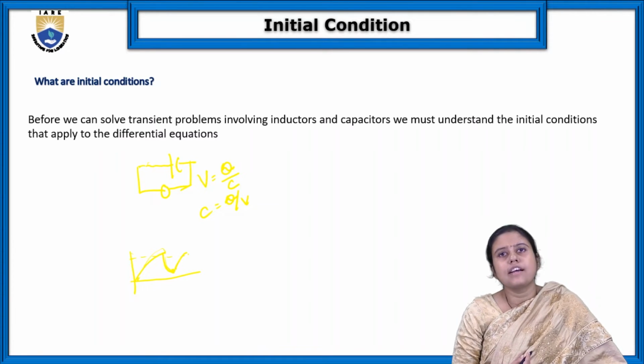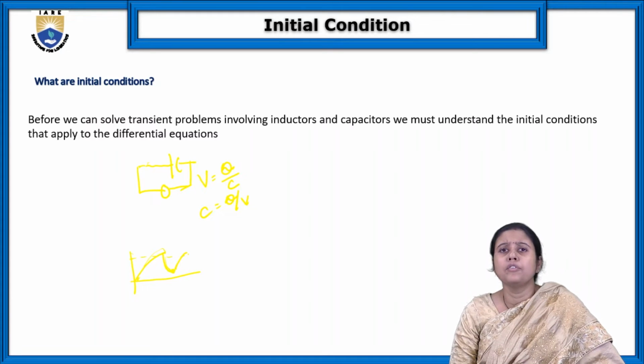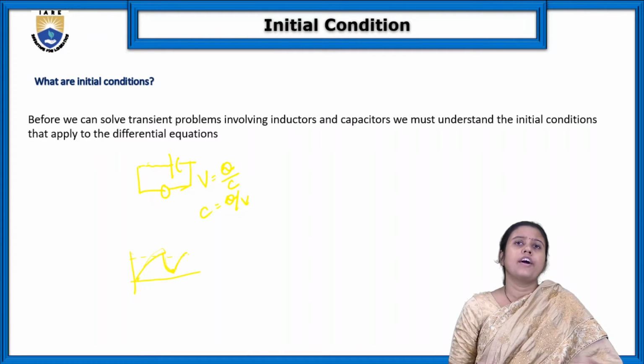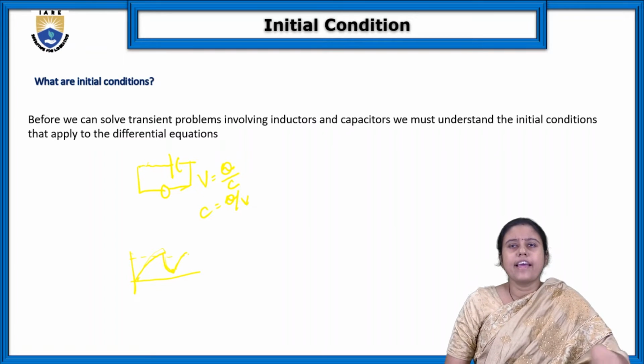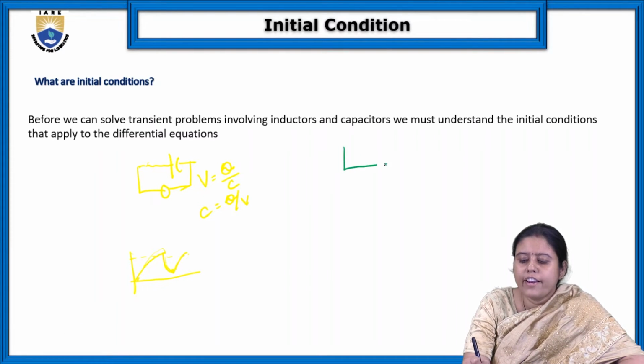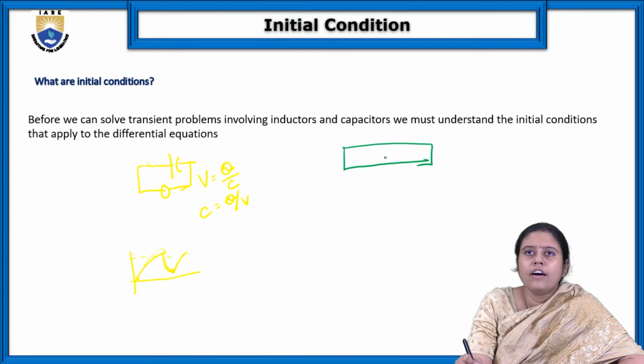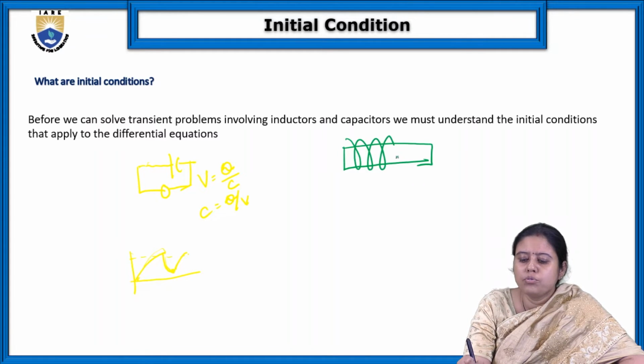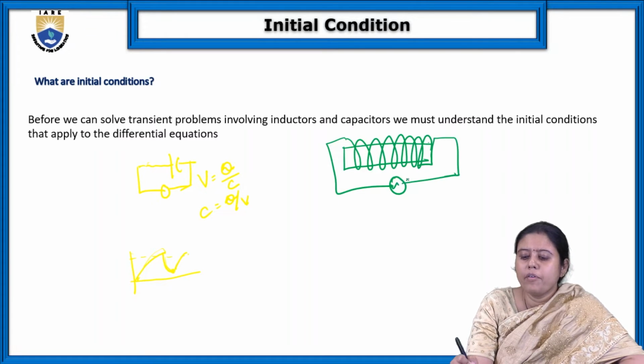The same thing we can discuss for an inductor also. Let's take an example of a solenoid. What is a solenoid? A solenoid is nothing but an iron bar on which we are keeping some conductor. Now we connect it with a source, say one AC source.